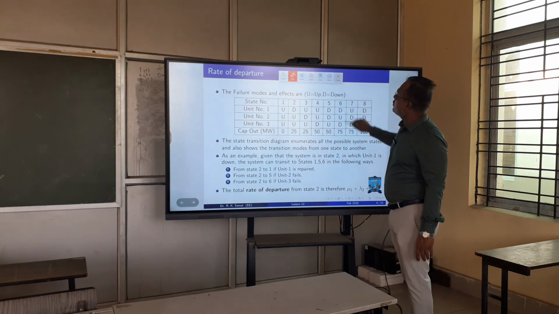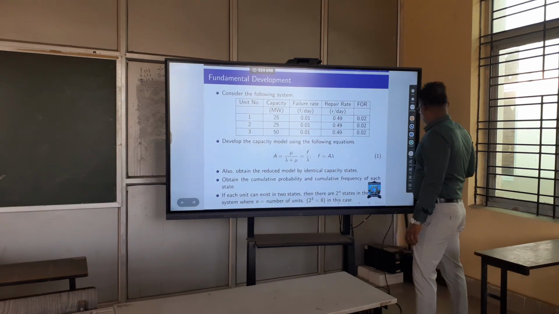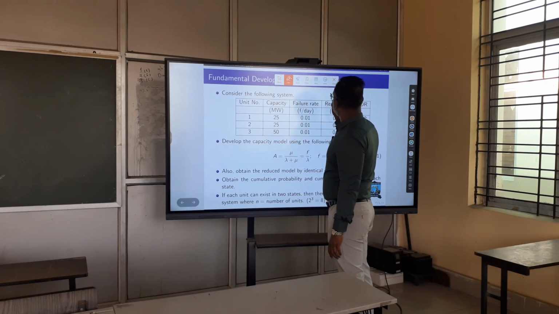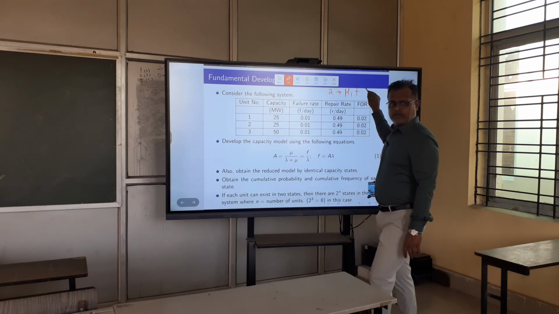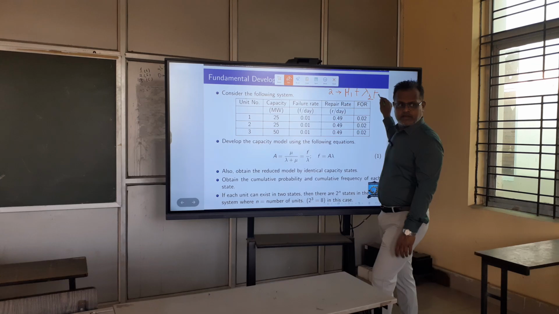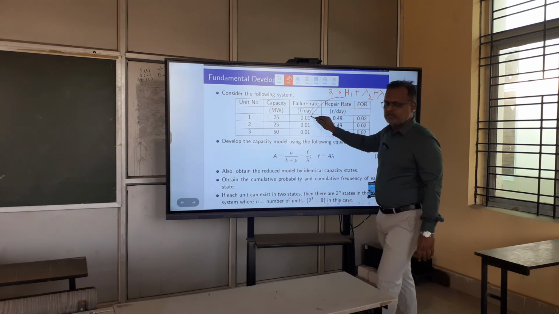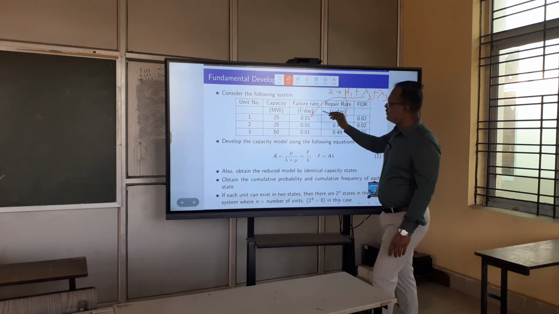So from state 2, the transition rate was mu 1 plus lambda 2 plus lambda 3, right? What is mu 1? Mu is the same for all units, 0.49, and lambda is 0.01.